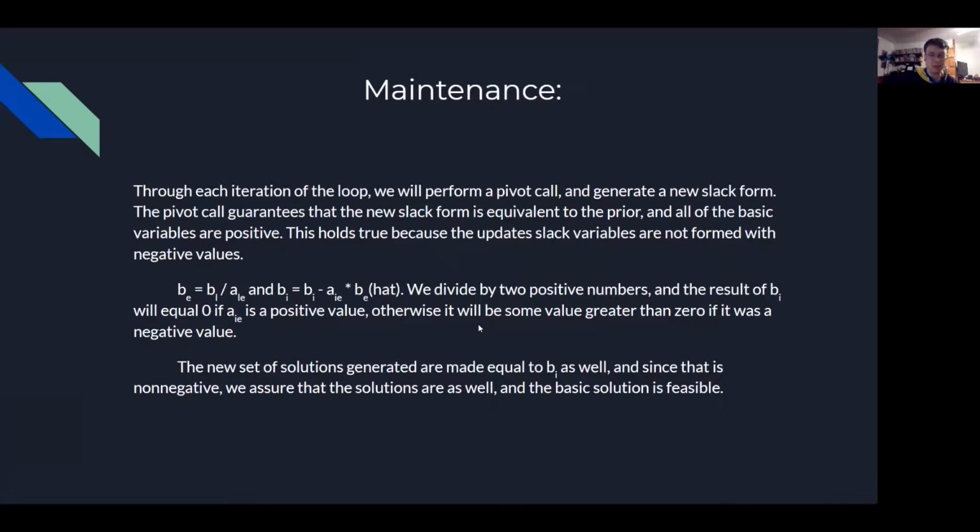It'll get zeroed out. But if it's negative, then it'll be a minus, which will make it positive instead. And the new set of solutions generated are made equal to B at index I as well. And since that is non-negative, we assure that the solutions are as well. And the basic solution is feasible.